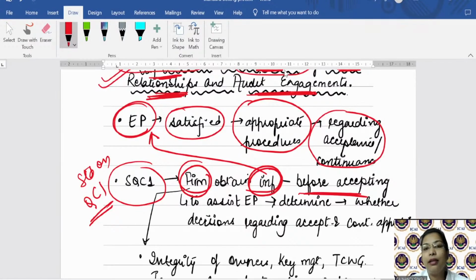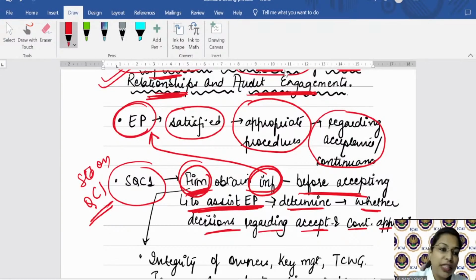Before accepting the client relationship, है ना। Accept करने के बाद थोड़ी ना देखोगे कि करना है या नहीं। Before accepting the client relationship, there is a responsibility on the firm to obtain certain information. What information? Such information will assist the engagement partner to determine whether the decisions regarding acceptance and continuance of client relationship are appropriate or not.